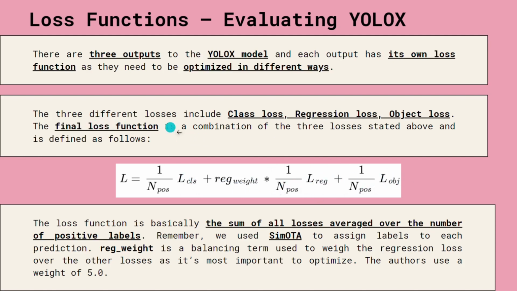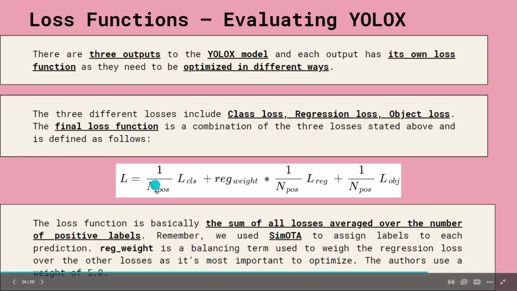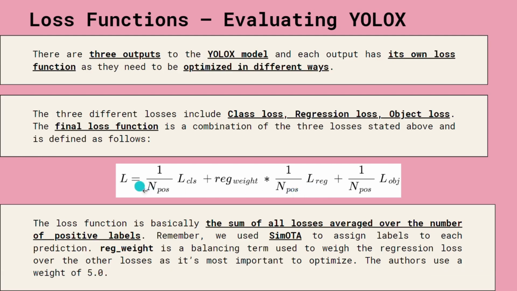And the three different losses include the class loss, regression loss, and object loss. And the final loss function is just a combination of the three losses stated above and is defined as follows. So the loss function is basically the sum of all of the losses averaged over the number of positive labels. So in the previous slide, we have mentioned the case of class imbalance problem.